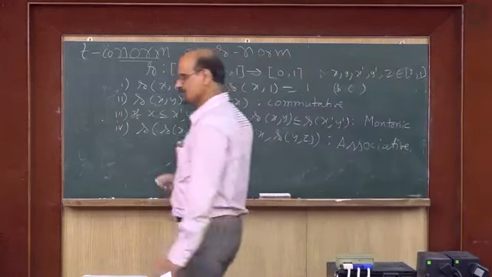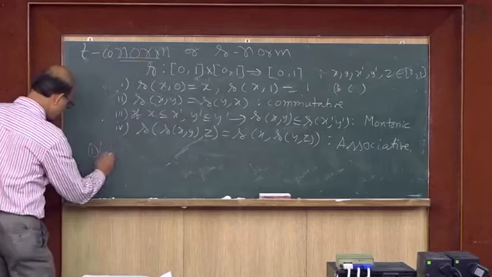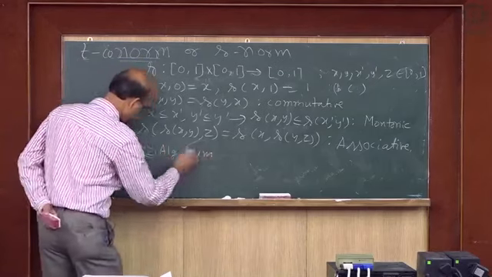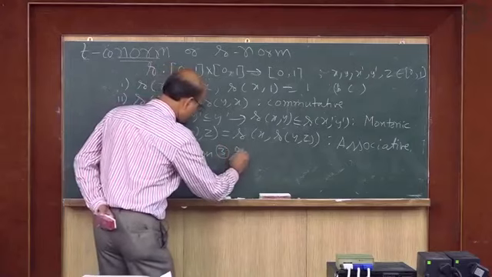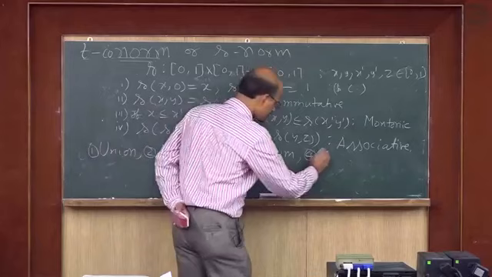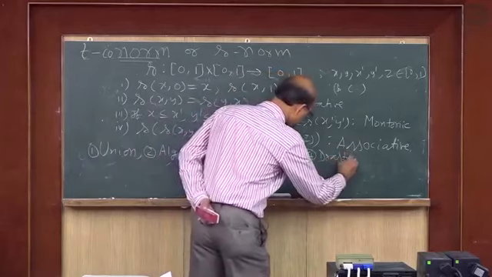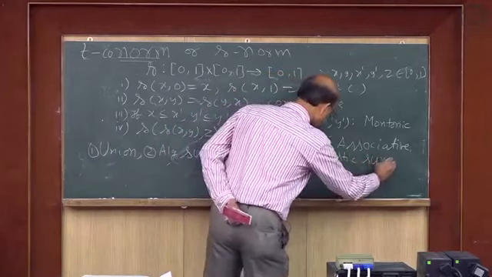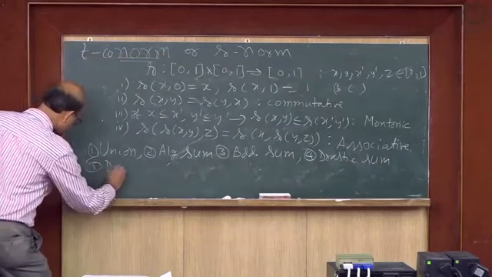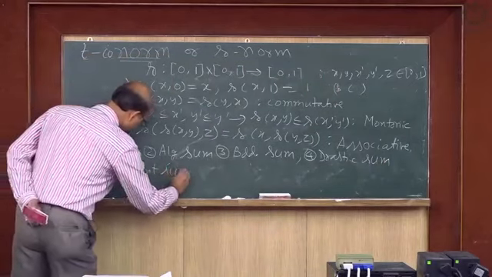You can check. So, here we will have union, second algebraic sum, third bounded sum, fourth drastic sum, and fifth disjoint sum. Again you check, that is your homework.